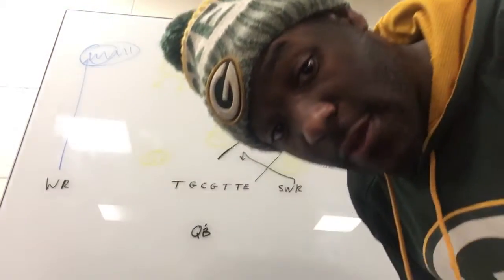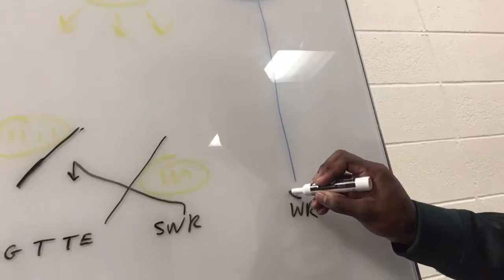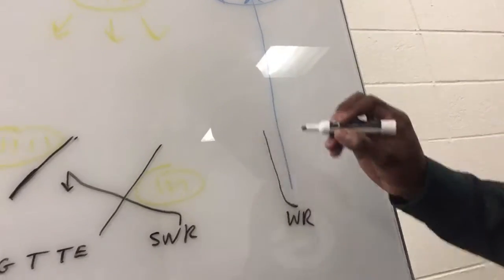Now, with the option route, I guess we can talk about it a little bit. I'll say the wide receiver over here will have the option route. Option routes are designed to take advantage of man or zone.